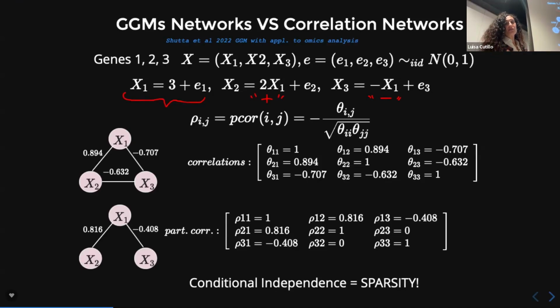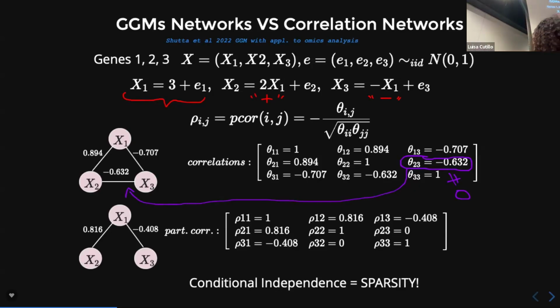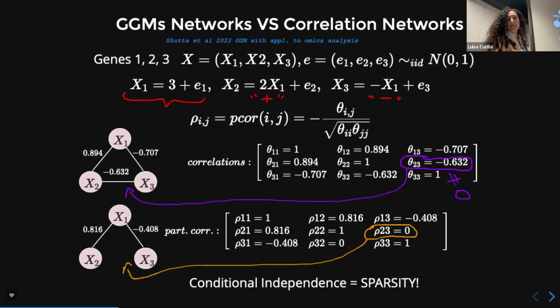When we compute the correlation, it will pick up on the dependency between x2 and x3 that is actually being created by x1, okay? But if we then compute the partial correlation matrix, that dependency disappears, because the partial correlation only highlights the direct dependencies rather than indirect dependency. So it's like we're conditioning out that dependency, and we can actually see that there's a 0 there.